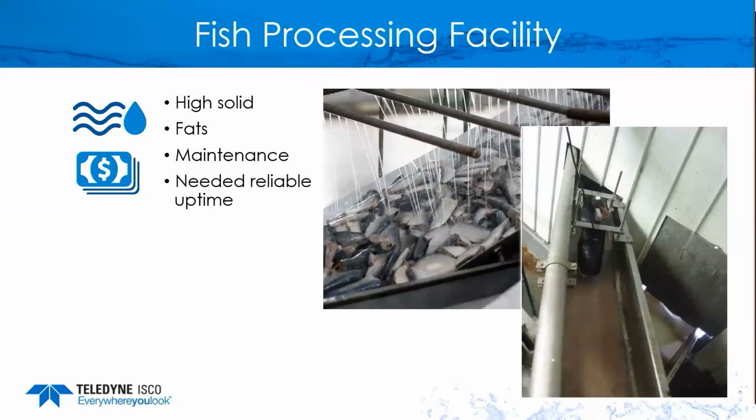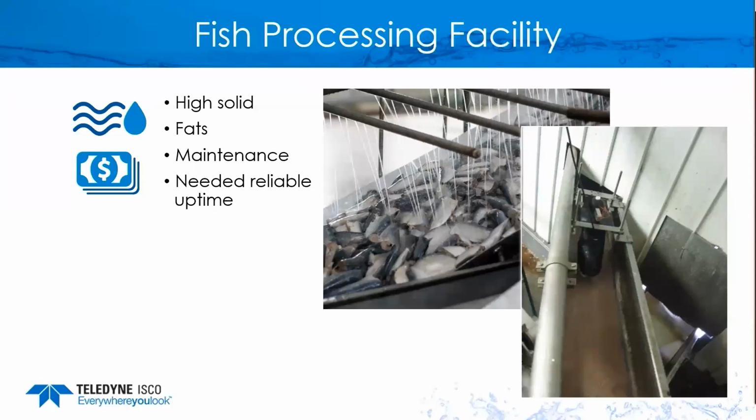And so the laser flow provided a low-cost, low-maintenance solution that allowed them to properly read their flow, because some of the concerns were the high solids going through there, the fats, on an in-pipe sensor. They had tried an AV wetted sensor before that lasted just a couple of days before all the fats actually fouled up the sensor and made it inoperable. And so by going with a non-contact here, this allowed them more uptime.